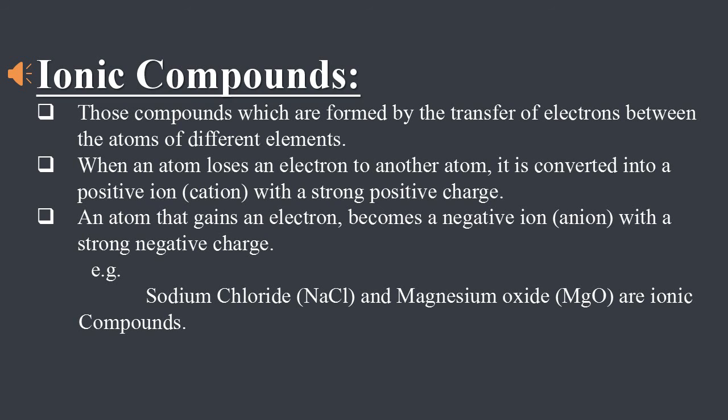On the other hand, an atom that gains an electron becomes a negative ion, an anion, with a strong negative charge. For example, sodium chloride and magnesium oxide are ionic compounds.